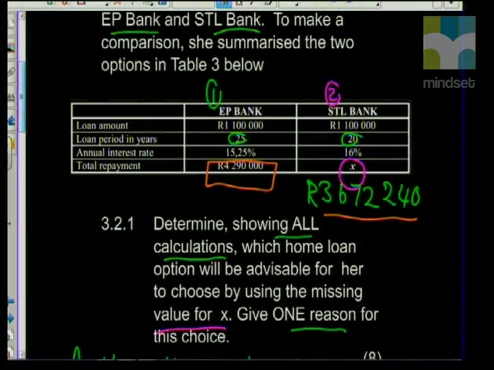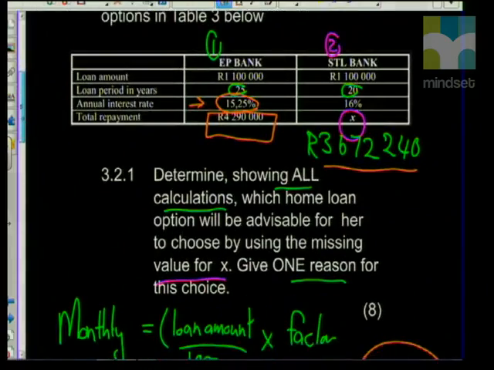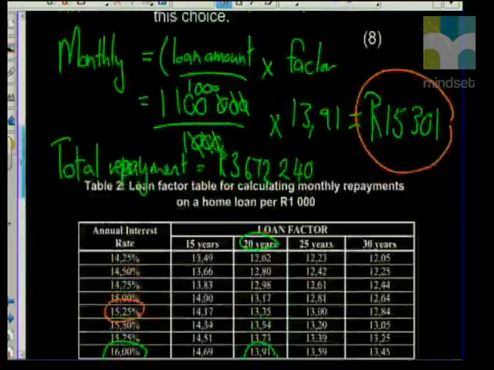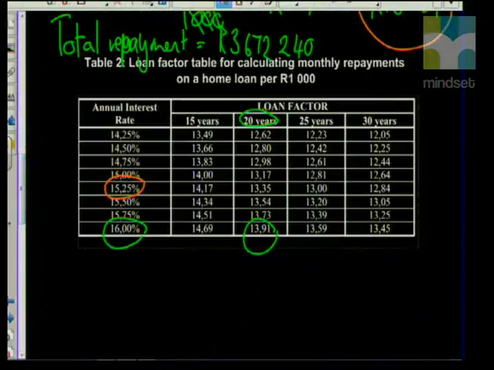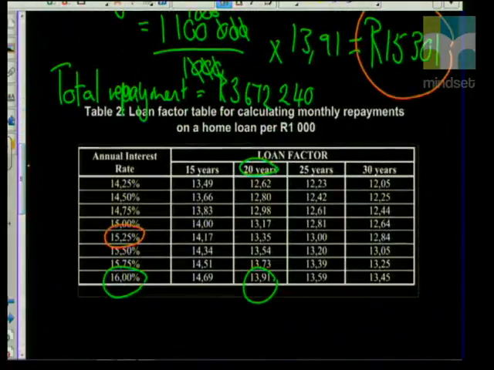You see, this option was 25 years, and we could work out what the repayment is at 15.25%, which is a little less. It's a longer period, 25 years, so she is going to end up paying more, but the factor now is 13. If you do the calculation, you will find what her monthly repayment is.